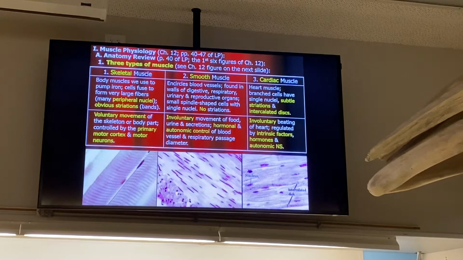It has sarcomeres, but just not as dense as skeletal muscle, and so it has subtle striations. The cardiac muscle works as a single unit because of things like intercalated discs and cell branching called anastomoses.